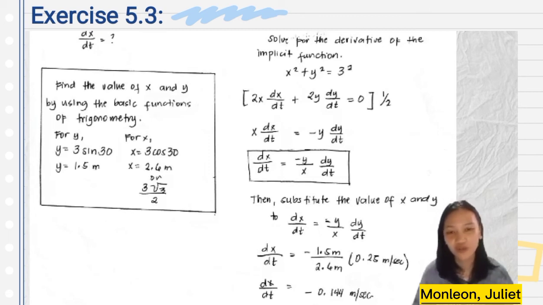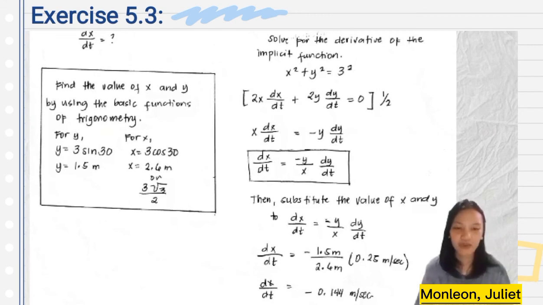So cancel out the 2 in x and the 2 in y. So we have the result x times dx/dt is equal to negative y times dy/dt. So we will separate the x and y in this process.